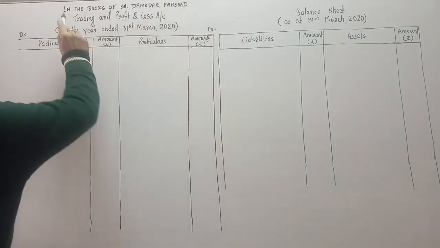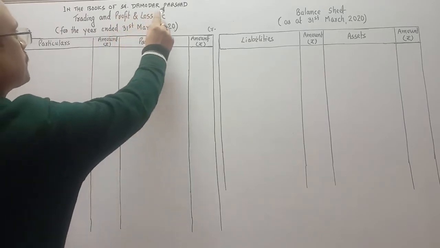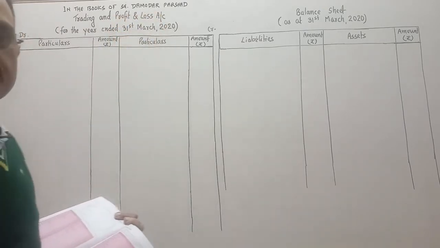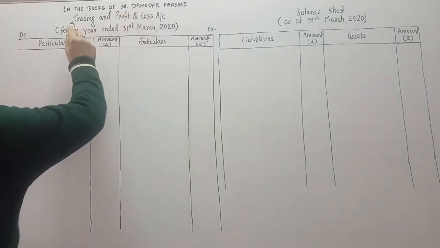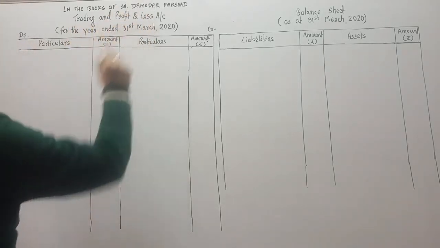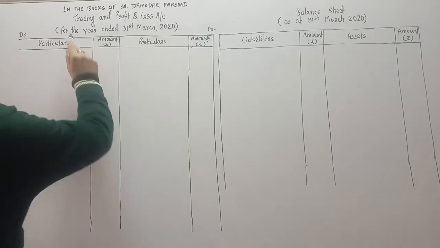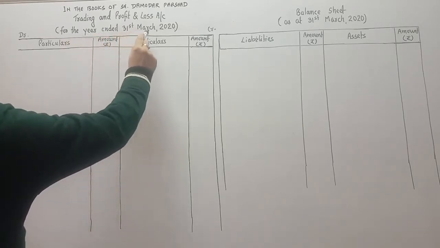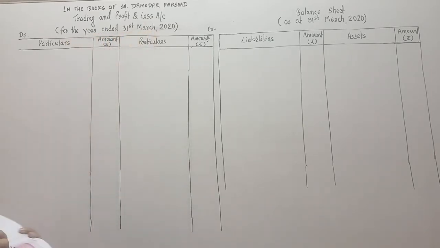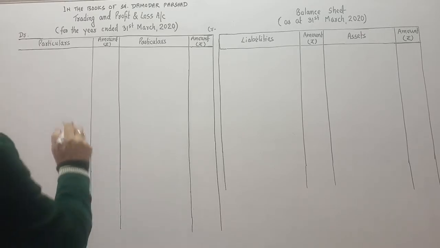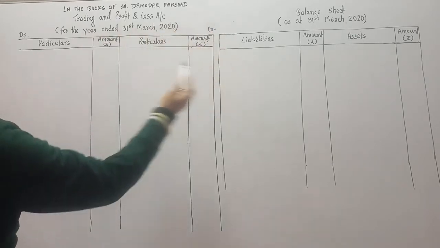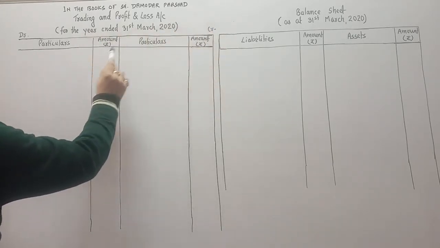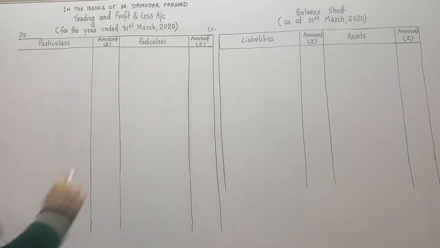So your format will be: in the books of Sri Damodar Prasad. We will write the name of the proprietor first. Damodar Prasad, trading and profit and loss account for the year ended 31st March 2020. This side is debit and your right hand side is credit, with particulars and amount in rupees.